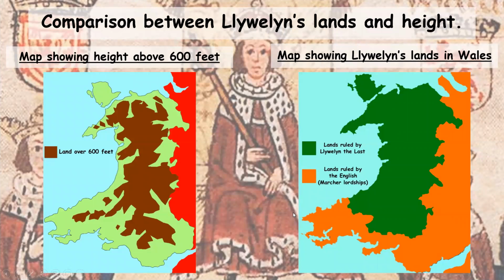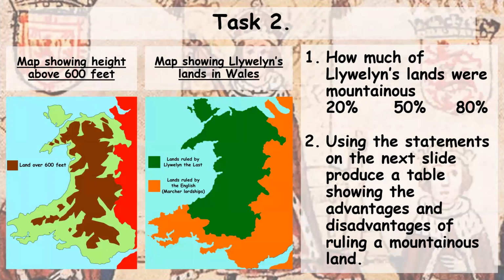If we compare the height and the size of Llywelyn's lands, you can see here on the left a map showing height above 600 feet and a comparison to the map of Llywelyn's lands. For your next task, using these two maps, I'd like you to answer these two questions.